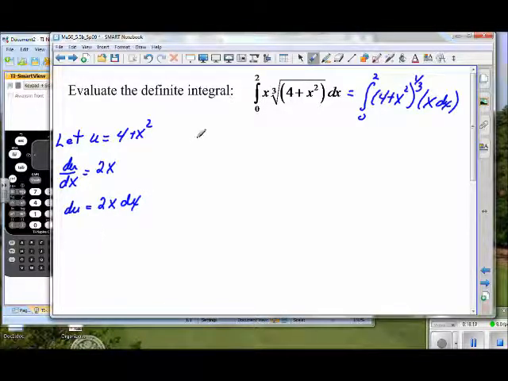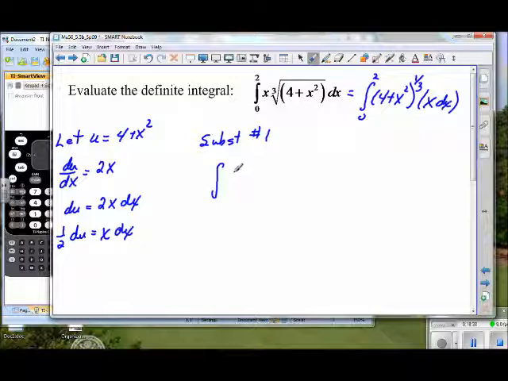If I look at this problem, I can see that I have x dx, but not 2x dx, so I'll multiply both sides by 1/2, and that will give me x dx, which is what I need. Okay, let's do the first substitution. To begin this, I'm going to leave the upper and lower bounds off just for a moment.